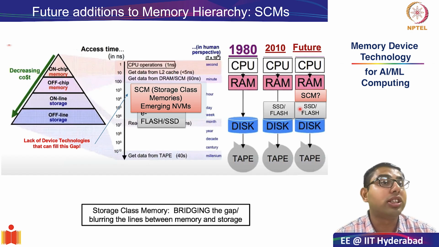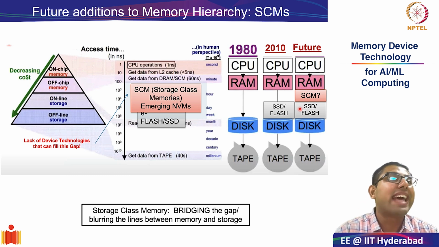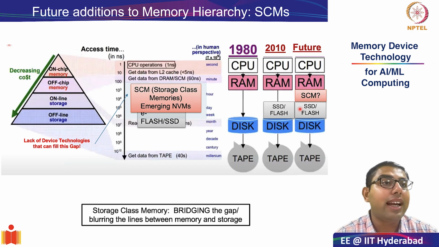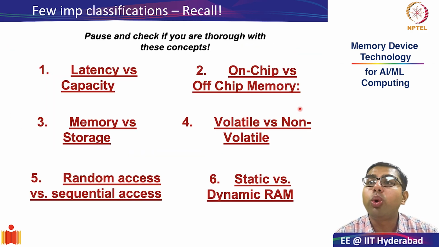This is why storage class memories are seen to be futuristic devices which will fill the missing gap between DRAM and NAND flash. Okay, with this we go to the last part of our first module.